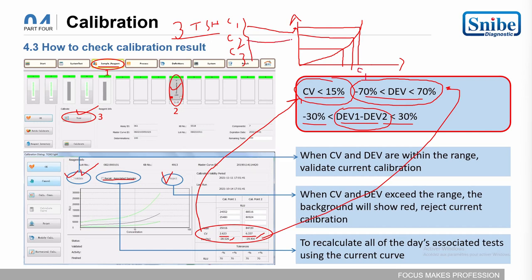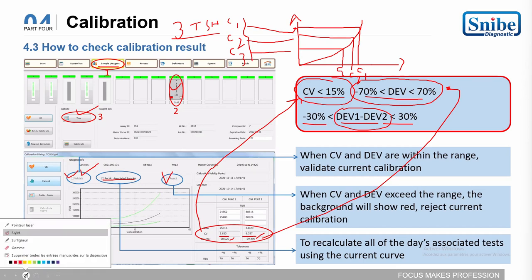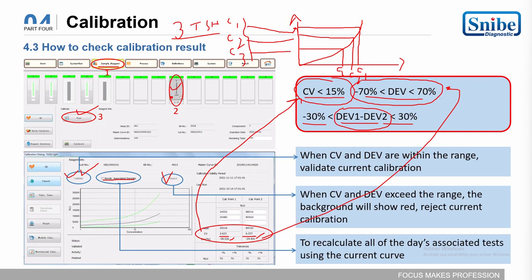This is the second RLU, and this is the second concentration, C2, and this is the third, C3. And he is not satisfied by these results, and he thinks that the problem is in the calibration. So he decided to recalibrate the reagent kit.